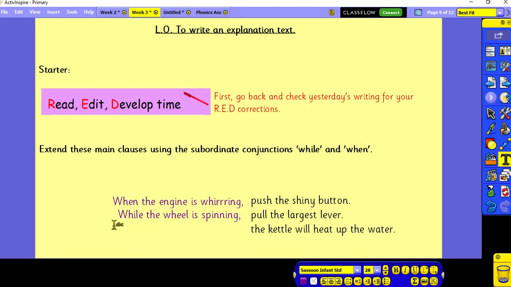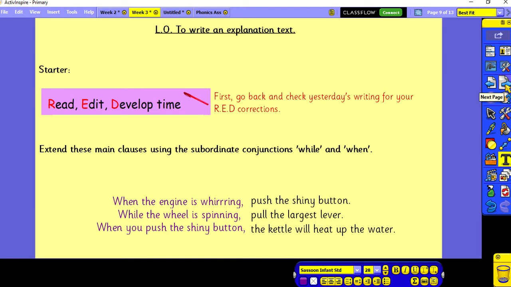And finally, I will go back to use when again. When you push the shiny button, comma, the kettle will heat up the water. Okay, so there we have 3 sentences beginning with these subordinate conjunctions. The subordinate clauses have come first, and as ever, we have put a comma after them.